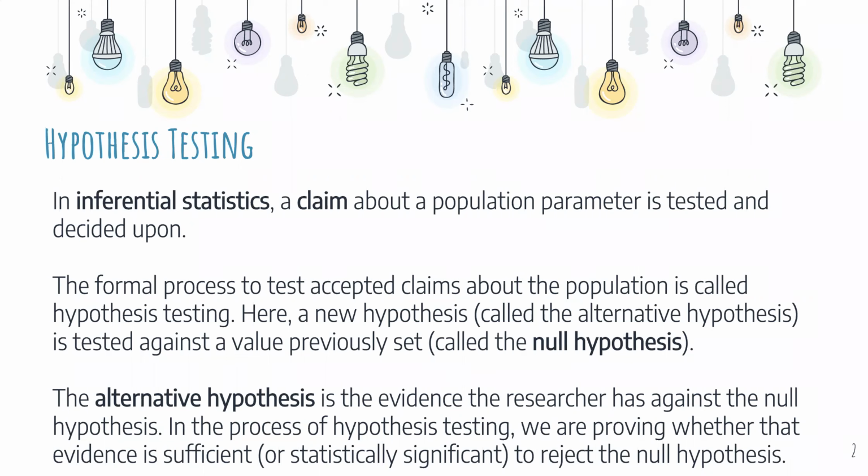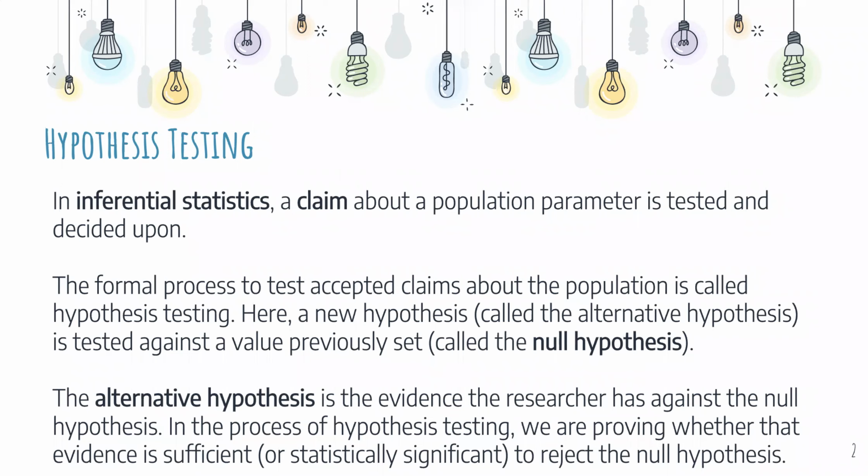Here, the new hypothesis, which is called the alternative hypothesis, is tested against a value that we have previously set up. We call that the null hypothesis. The alternative hypothesis is the evidence the research has against the null hypothesis.